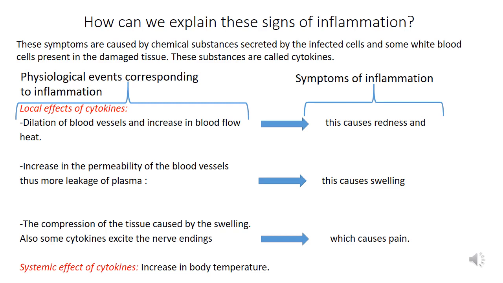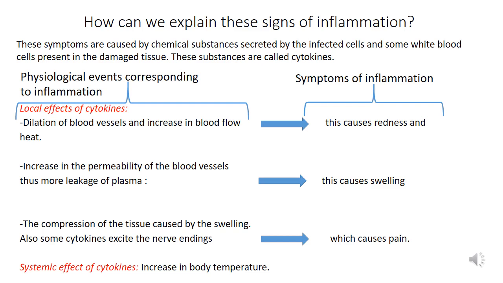What about pain? The compression of the tissue caused by the swelling, as well as the excitation of the nerve endings by the cytokines, cause pain. So, the local effects of cytokines, that are dilation of blood vessels, the increase in the permeability of the blood vessels, and the compression of the tissue caused by swelling, are the main cause of the signs of inflammation that are redness and heat, swelling, and pain.